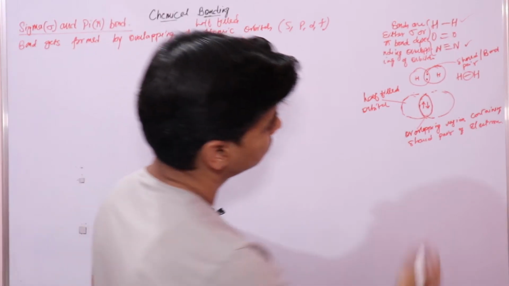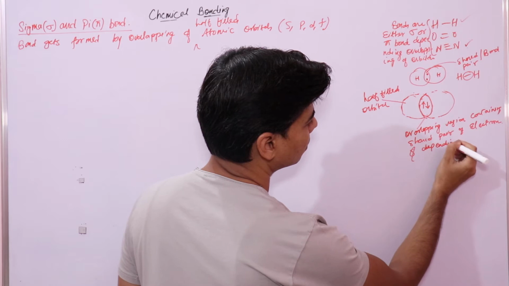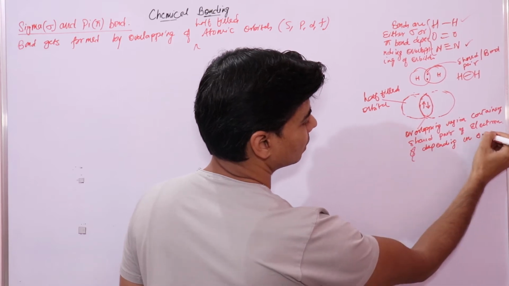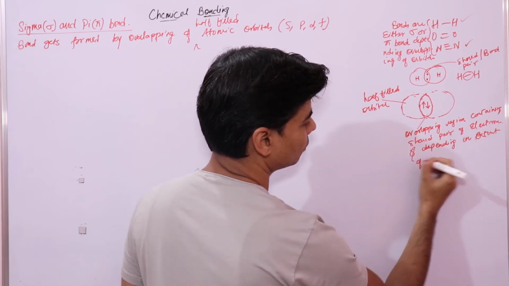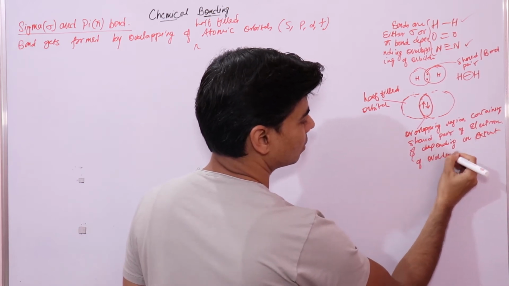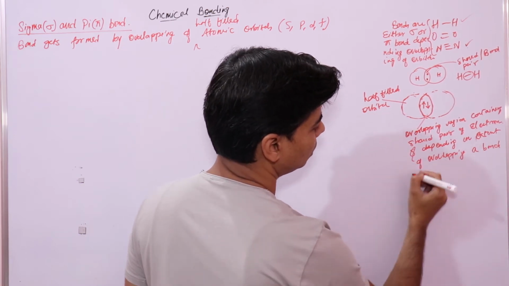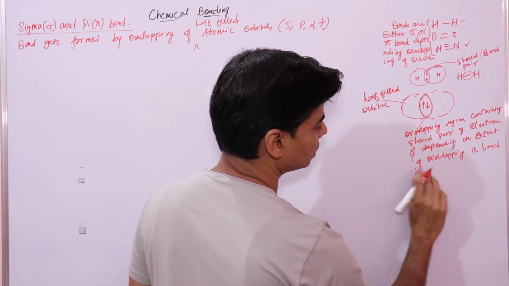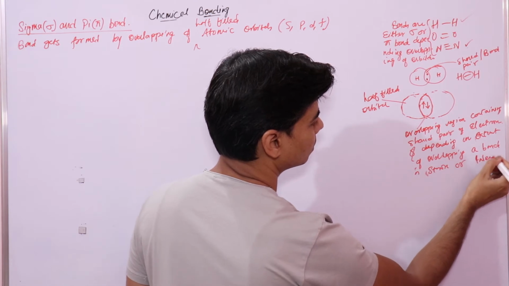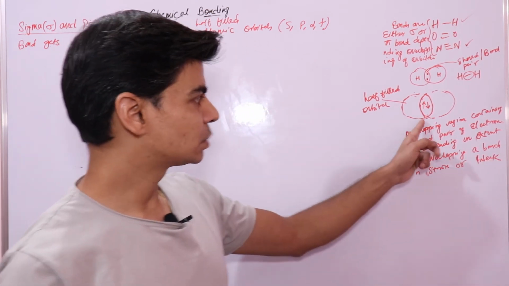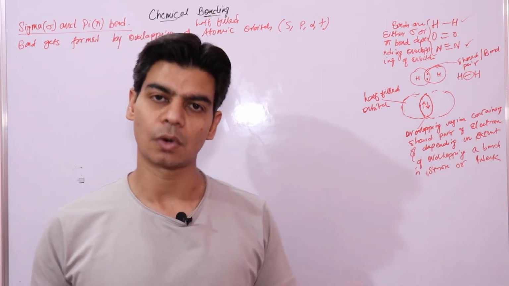Depending on the extent of overlapping, a bond is a strong or a weak bond. If this overlapping is good, then the bond is strong.